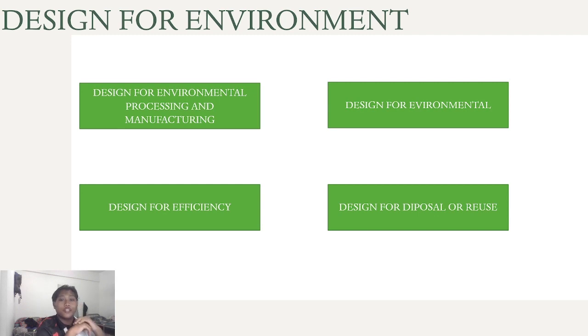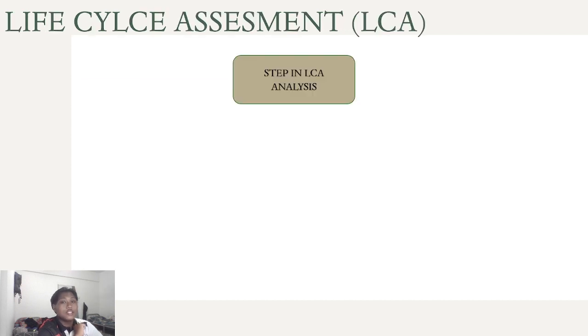After that, we can also see an example of a design for environment guideline. The first things in the DFE guideline: do not combine materials incompatible in recycling, label all components of the material, enable easy disassembly, use no surface treatment, eliminate packaging, and reduce weight and size for shipping. Next are the steps in LCA analysis.